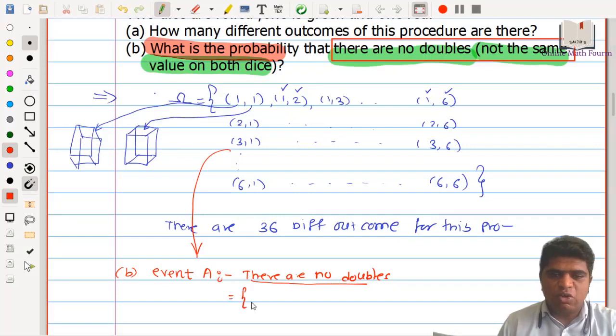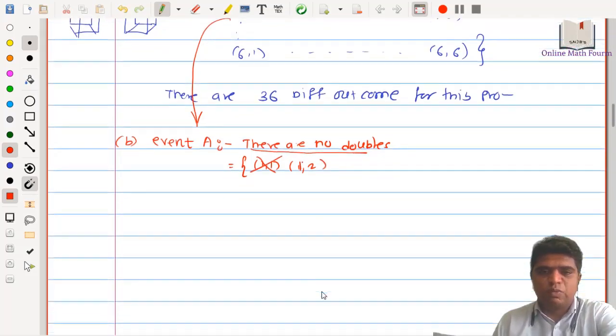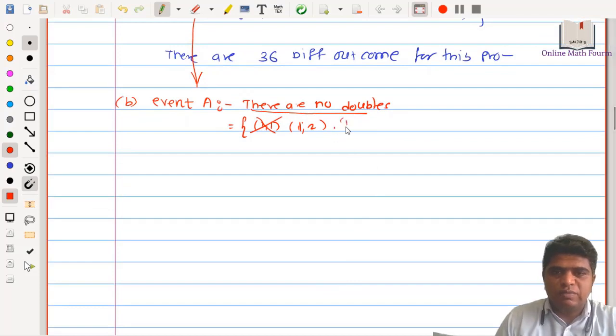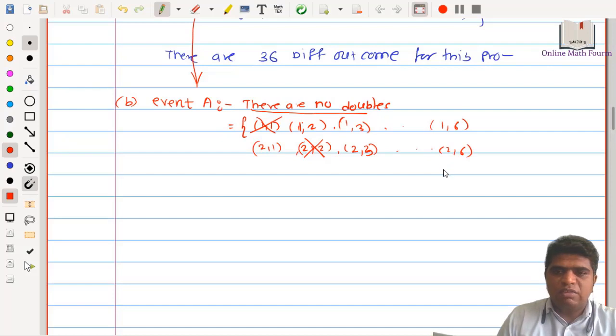So A contains all these. 1,1 is not there. 1,2 is there, since they are different outcomes: the first die shows 1 and the second die shows 2. 1,3, up to 1,6. Similarly 2,1, but 2,2 is not there because both dice show the same value, which is not required in that event. 2,3 up to 2,6, and 6,6 is not there.